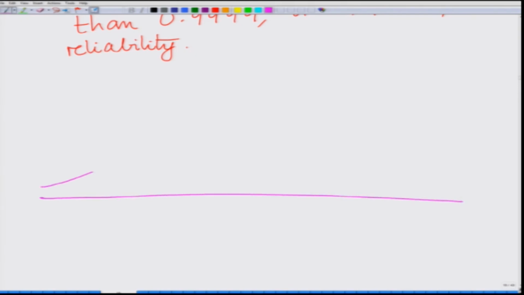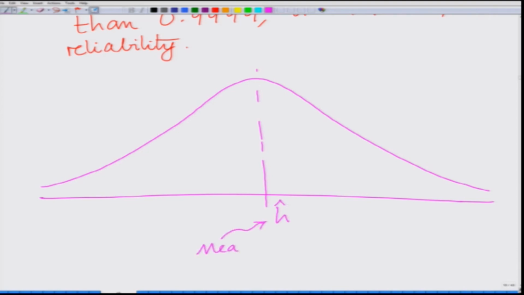this is our posterior Gaussian distribution, and the mean of this posterior is h hat. And therefore, what you can see is that if we consider a sigma by 2 radius around this, for instance, this is your h hat plus sigma by 2, and this is h hat minus sigma by 2.